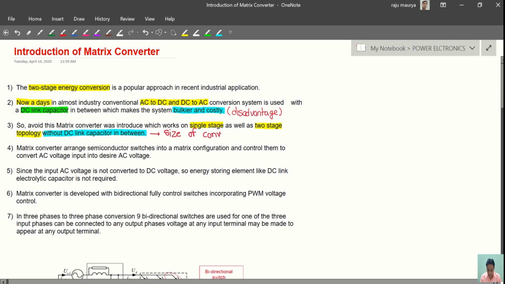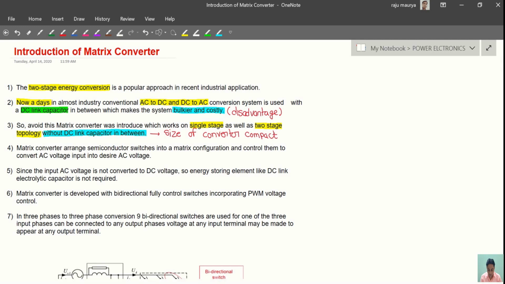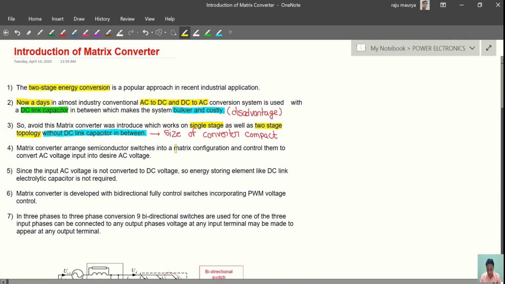So without a DC link capacitor, the size of the converter reduces, or the converter becomes compact. A matrix converter arranges semiconductor switches into a matrix configuration and gives the desired AC output voltage.